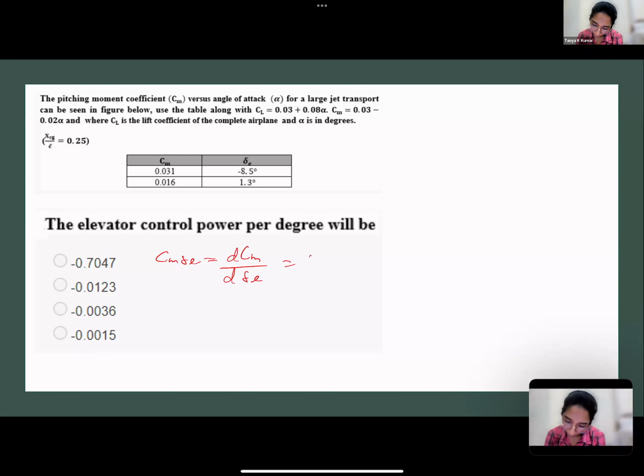Very simple. So it's 0.031 minus 0.016 by minus 8.5 minus 1.3. Everything is in degrees, and they've asked in per degree, so no conversion is required. It is minus 0.0015.